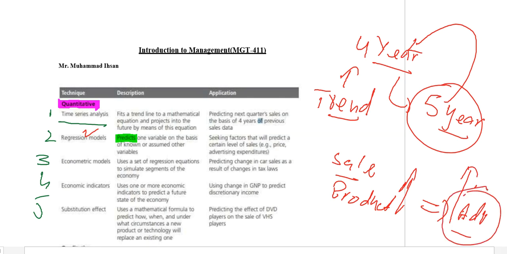If we spend more money on advertisement, then the sale of our product may increase. So this is called a regression model, where we predict one variable on the basis of a change or fluctuation in the other variable. Number 3, econometric model.